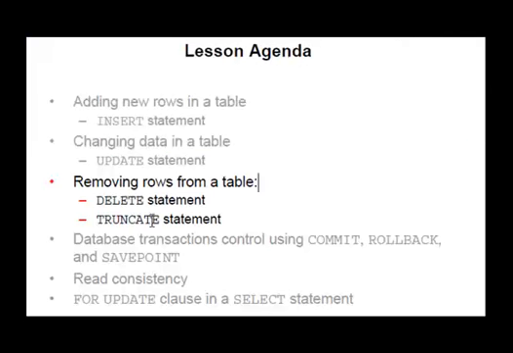The difference between the delete statement and the truncate statement: the delete statement deletes the rows, but the row IDs still exist in the table. By using the delete statement and removing 500 or 50 or 51 or 2000 rows, the space is still allocated for the rows.